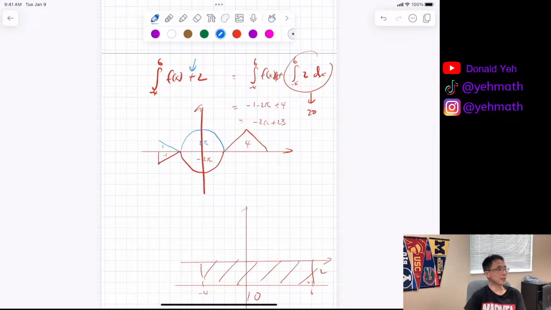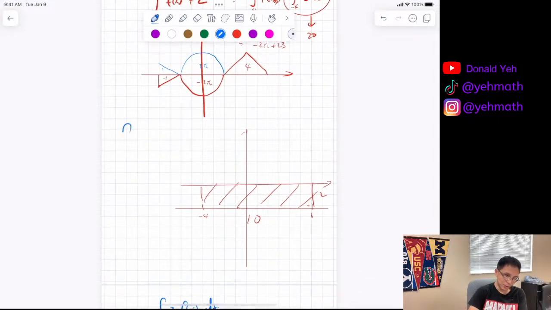If they're addition and subtraction, you can always break them up. If they're multiplication, no. That's x cosine of x or x times f of x. It cannot be the integration of x times the integration of f of x. That doesn't work, so you cannot break them up. But x plus f of x, yes, that's doable.